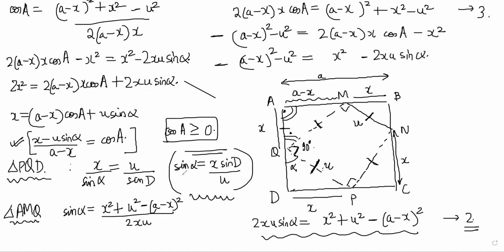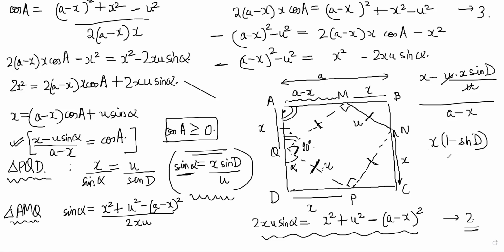We have sin α is x sin d by u. So if I put that here, I will get x − u·(x sin d/u). That becomes (x − x sin d)/(a − x). So that is x(1 − sin d)/(a − x), and this is completely positive.